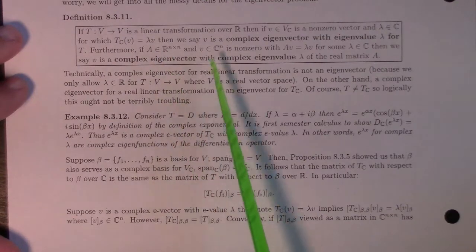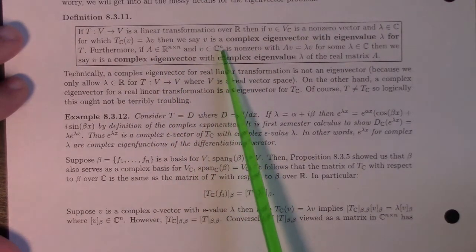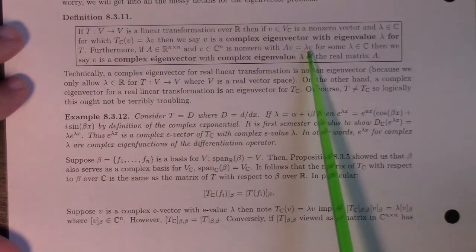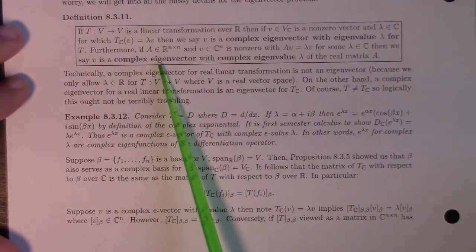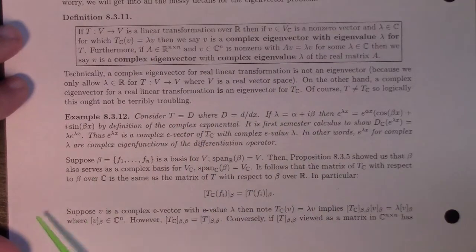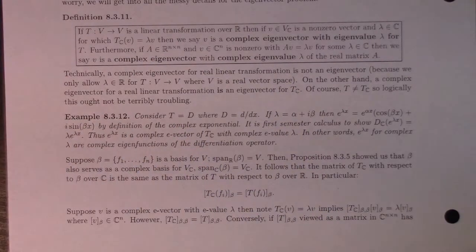If we have an n by n real matrix A, and we get a non-zero complex vector v such that Av equals lambda v, where lambda is some complex number, then we say v is a complex eigenvector with complex eigenvalue lambda of the real matrix A. And so in that sense, even though sometimes real matrices or real transformations don't have eigenvectors, or don't even have eigenvalues, that doesn't concern us much, because we can always take the real matrix or real transformation and form its complexification.